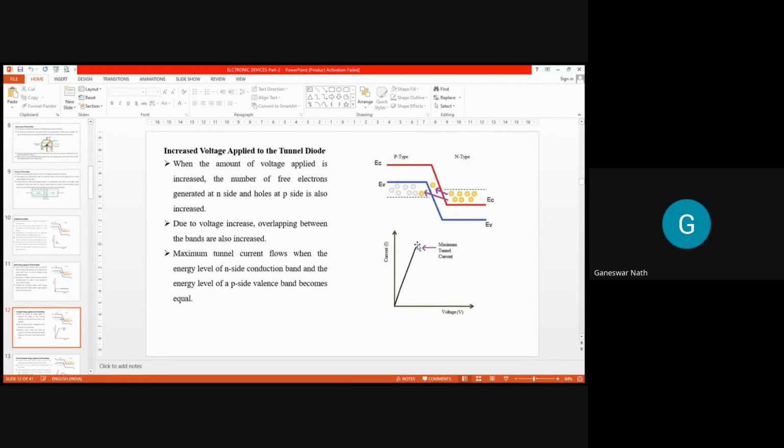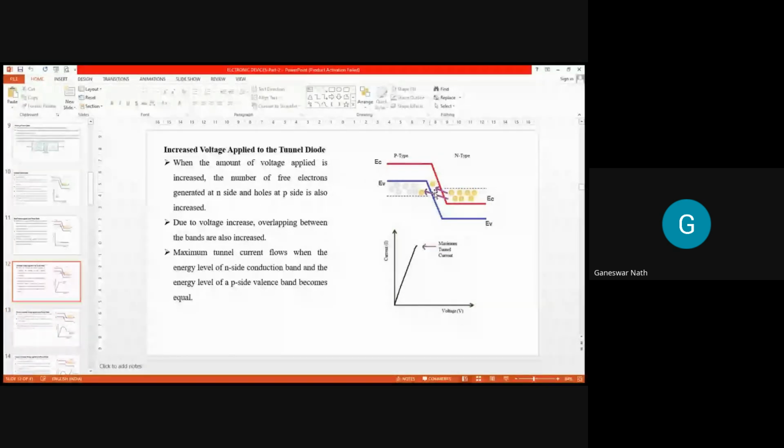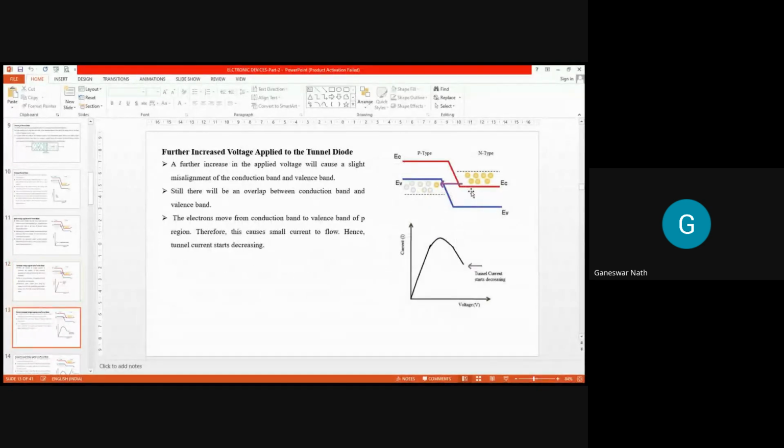Now, I increase the voltage. Naturally, what will happen? When I increase the voltage, you can see that initially the bands are at the same energy level, but as you increase the voltage, an energy level difference is created, and there is movement of electrons from N type to P type.